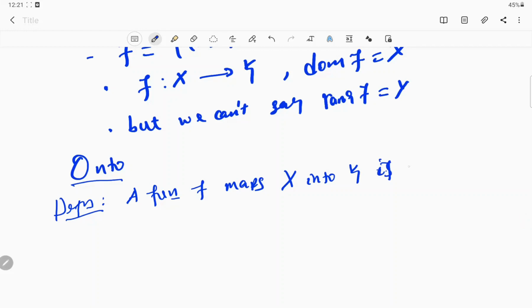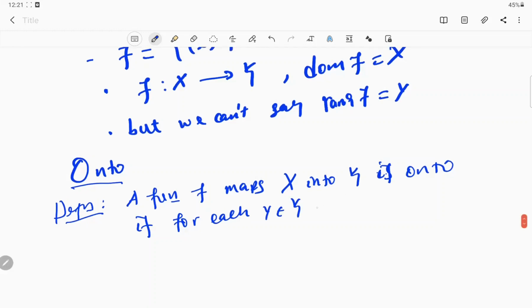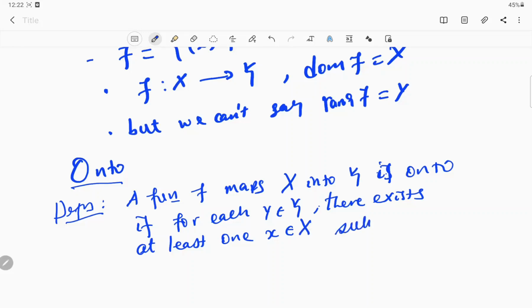is onto if for each y in Y there exists at least one x in X such that f(x) is in Y. That means every element in Y has a preimage x.